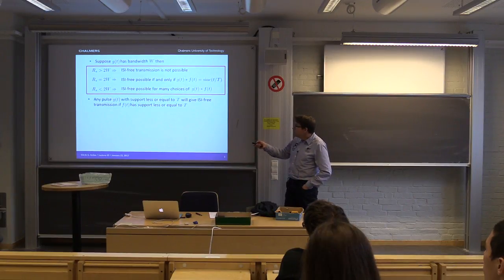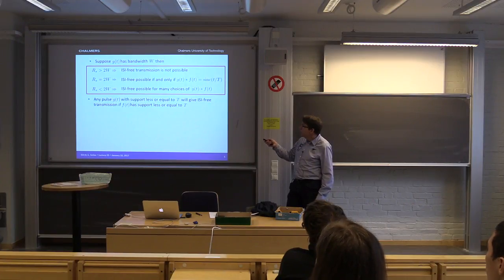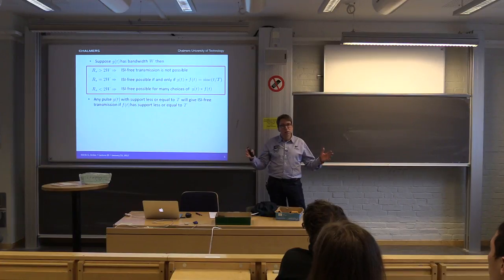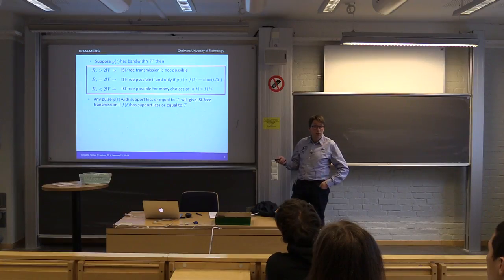Now, going back to the case when G is not band limited, for instance when it has a duration of t seconds, then it's enough to choose a receiver filter which also has a duration of t seconds or less, and then we don't have any intersymbol interference.